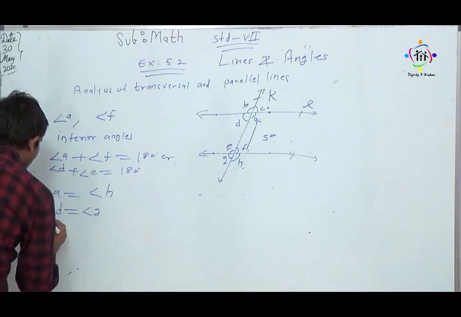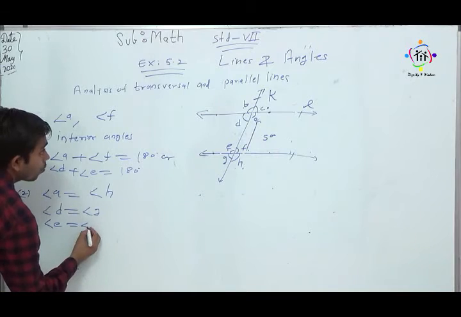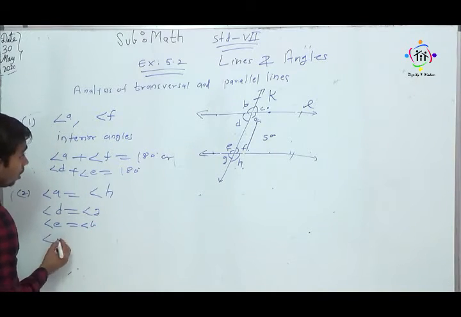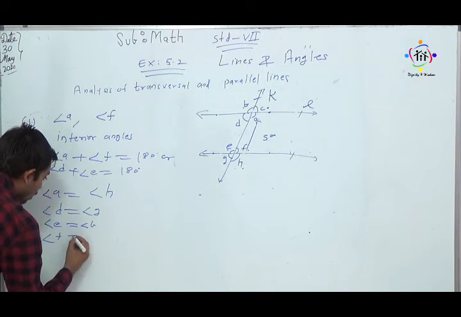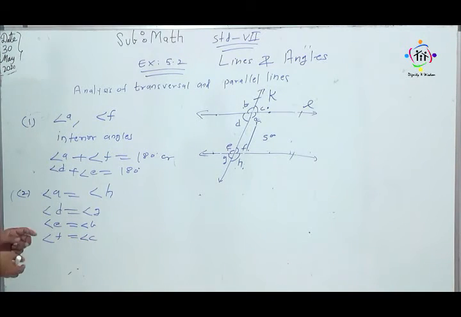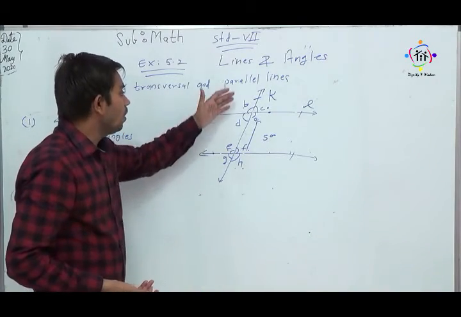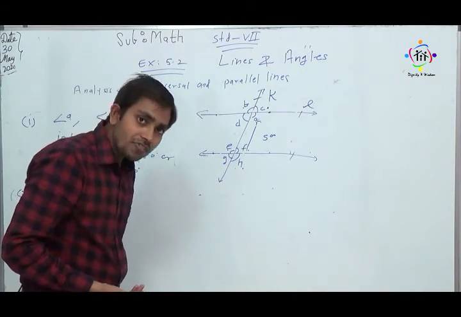So we can write here, angle E is corresponding to angle B, and angle F is corresponding to angle C. Notice, my dear students, that corresponding angles are always equal to each other.